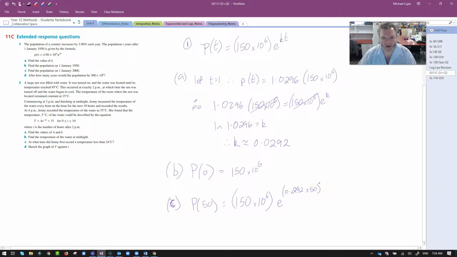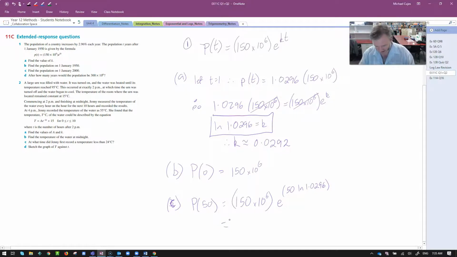Now, if you want to be really good, and I know you would, I would be using k equals that as opposed to the decimal. I just wanted to show you the decimal to show you that it was different from what the work solutions have. But let's make this 50 ln 1.0296. I think that's going to give us a more accurate answer, isn't it?